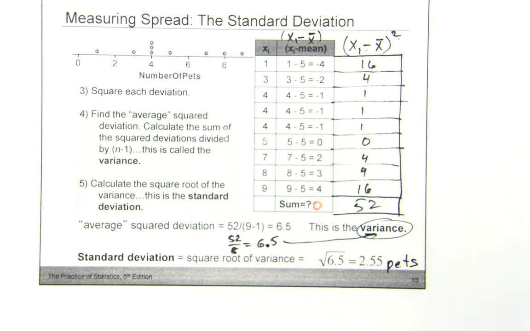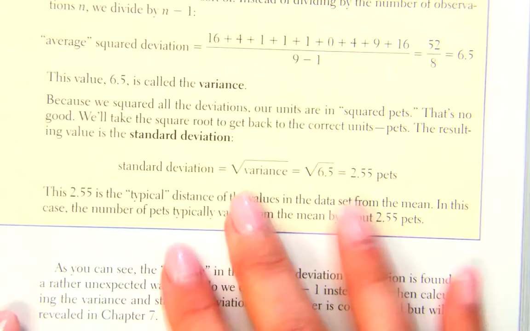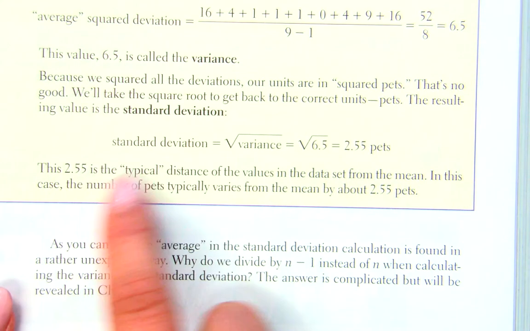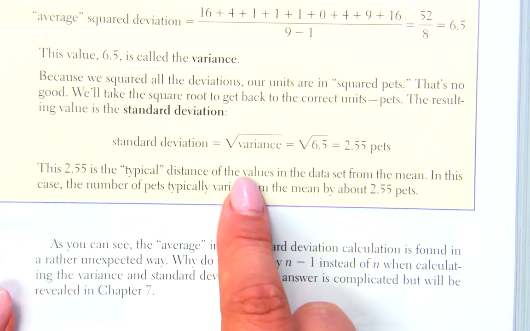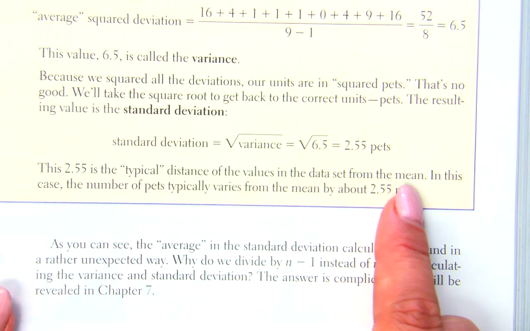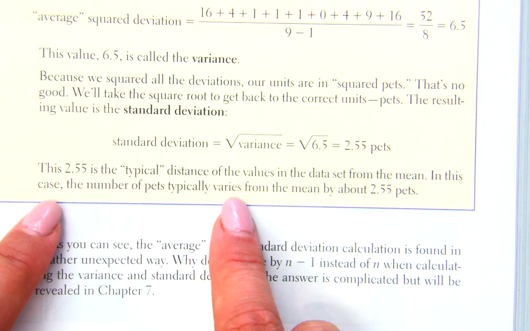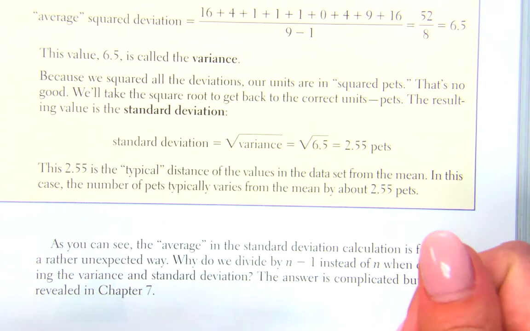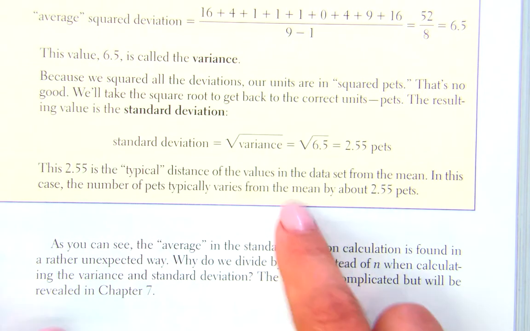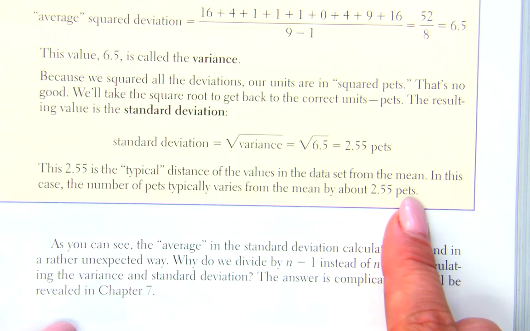So most of your data points are within 2.55 pets away from your mean. This is how your book interprets this too. 2.55 is the typical distance of values in the data set from the mean. In this case, the number of pets typically varies from the mean, to the left of the mean to the right of the mean, by about 2.55 pets. All right?